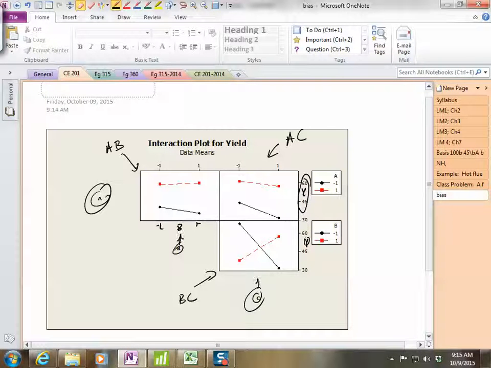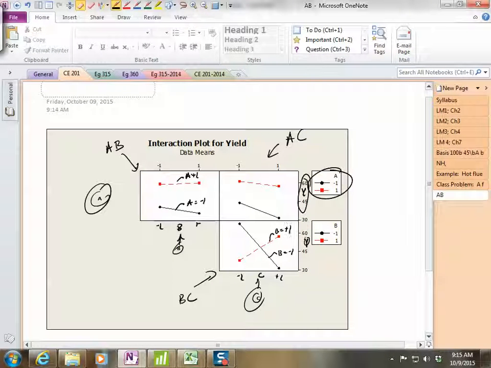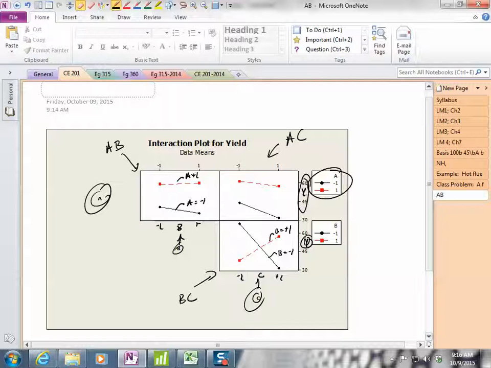And the x-axis here would be C minus 1, plus 1. And here's the series: this is A equals minus 1, A equals plus 1. And here, B equals minus 1, B equals plus 1. But keep in mind, those are the y values. Everyone see how these are the same interaction plots that we did before? It's just useful to see how Minitab does it.